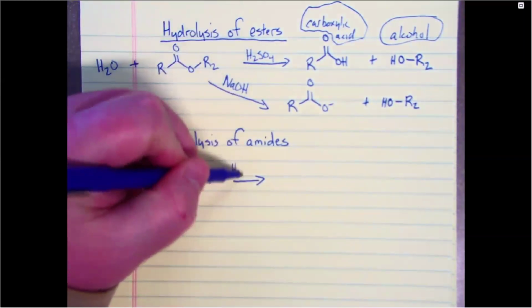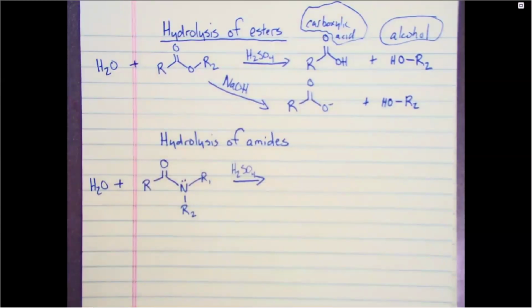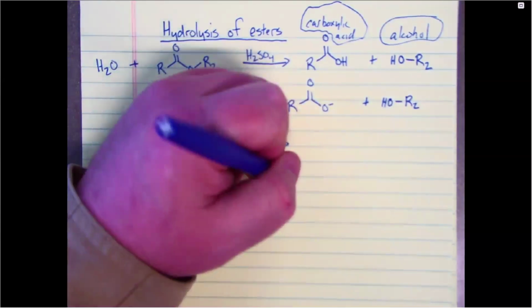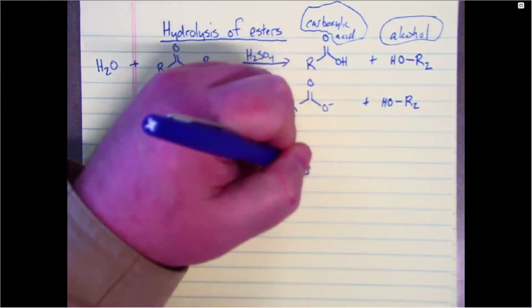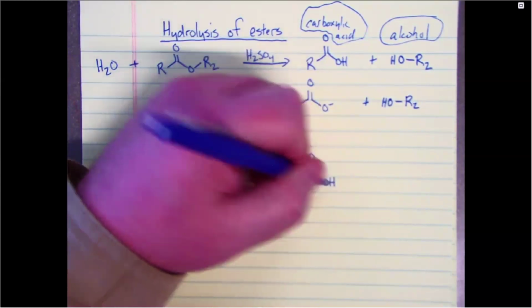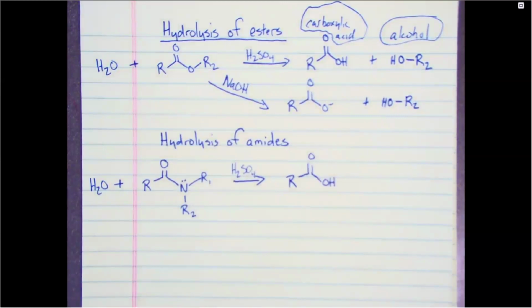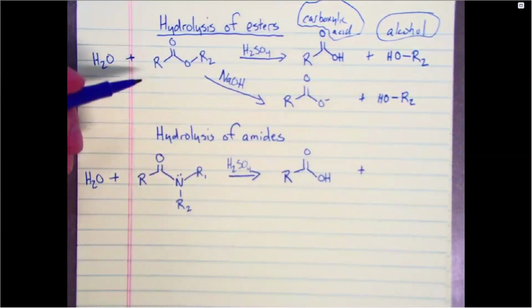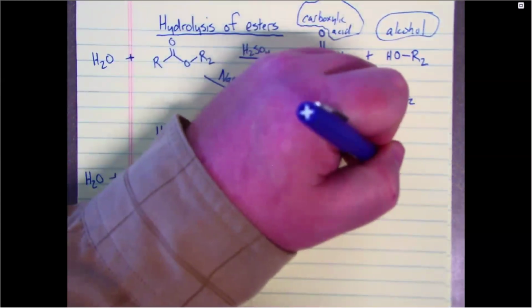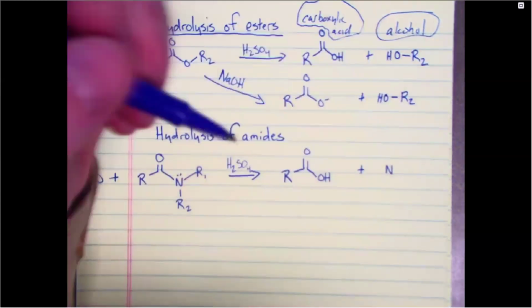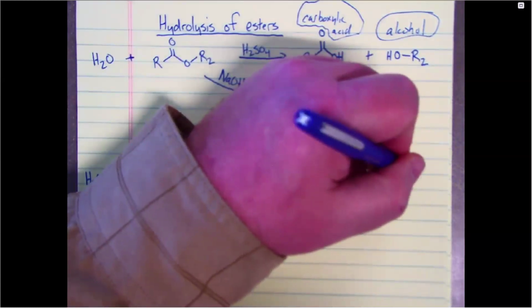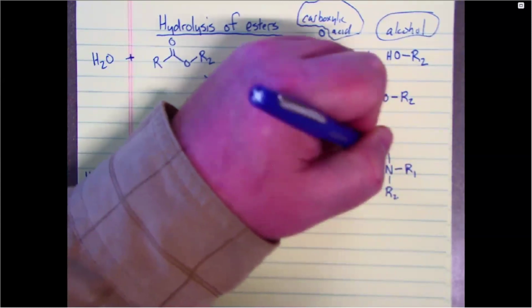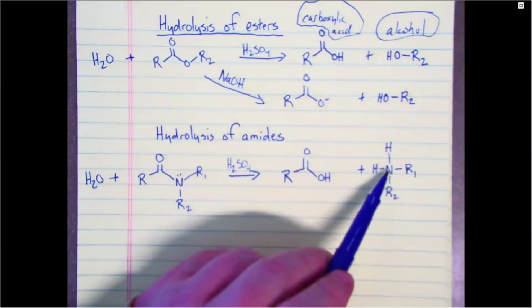Now, when we do this reaction using acid as the catalyst, we know that in acidic conditions, our carboxylic acid is going to have its H+ attached. Here's the kind of crazy thing that happens to amines, though.